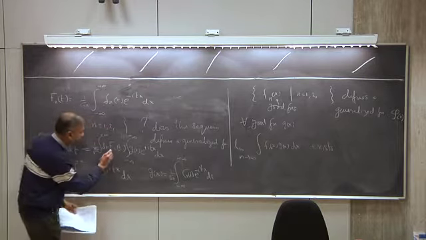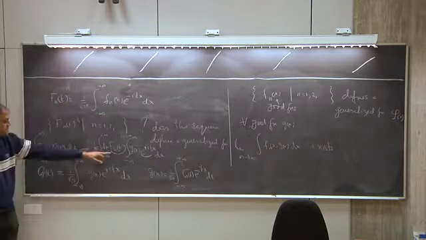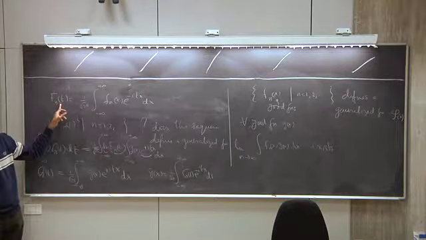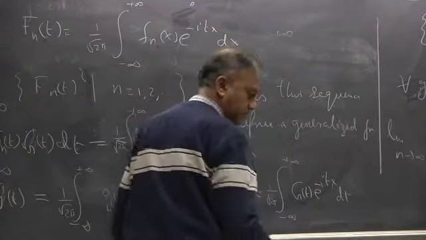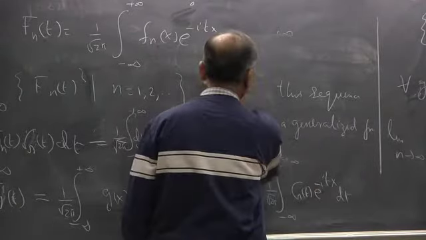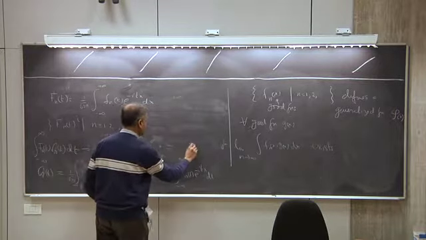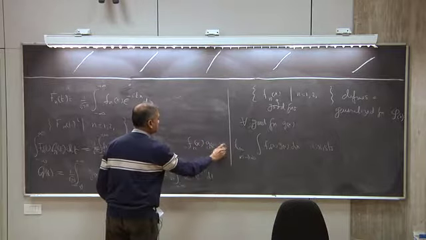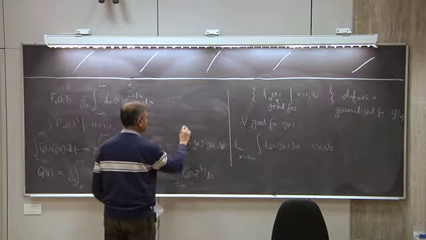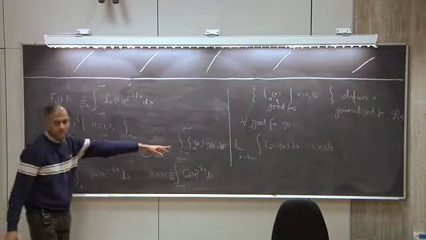Look at this expression: this part dt and this e to the i t x. This is exactly the inverse Fourier transform. So, this gives you back little f_n(x), and I have g(x) dx, including also this 1 over root 2 pi factor. Everything just becomes that.